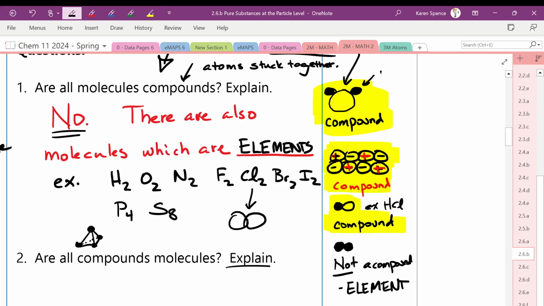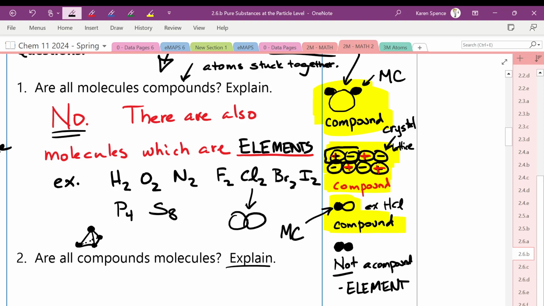Yeah, that is a molecule. Are you guys okay with me writing MC for molecule? Okay, MC for molecule. Is this a molecule? Yes. Is this a molecule? No. This is a crystal lattice.